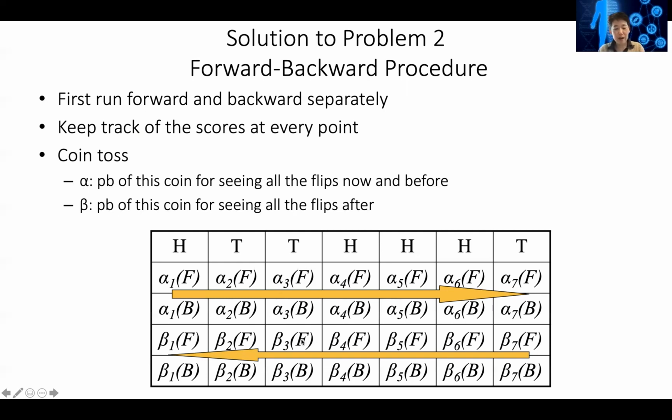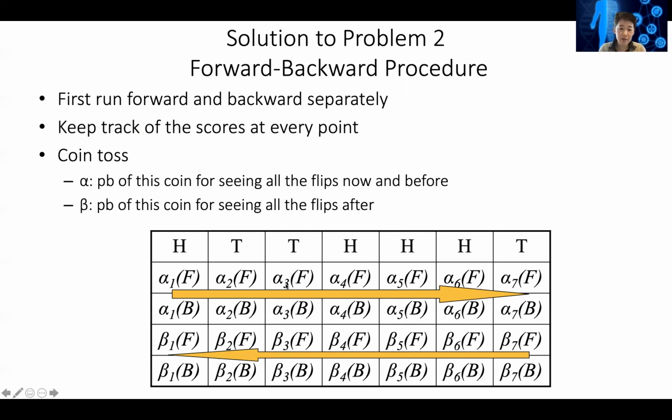And the beta 3 tells me if I use a fair coin, this is the probability of seeing everything after. Therefore, when you multiply these two numbers together, that's the probability of the third coin being a fair coin in order to see the whole thing. And so you are using the whole chain to help you make the best guess of what's happening at this third location.